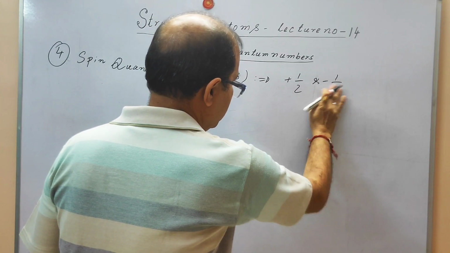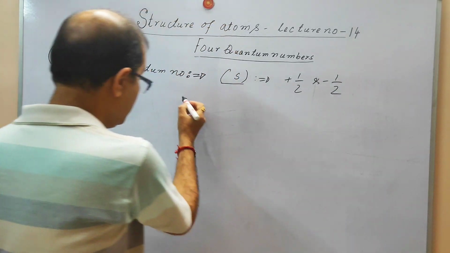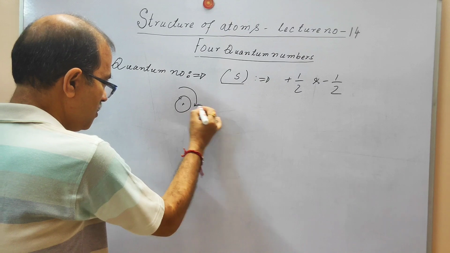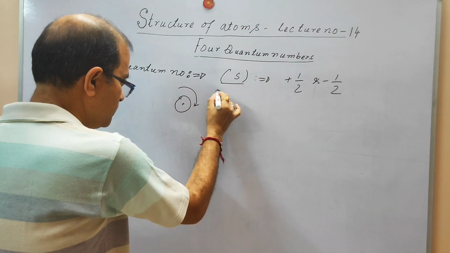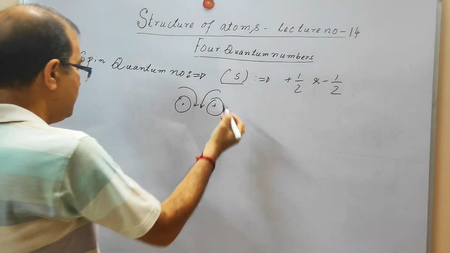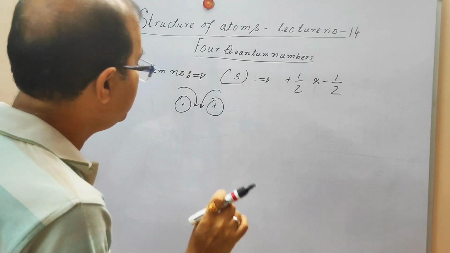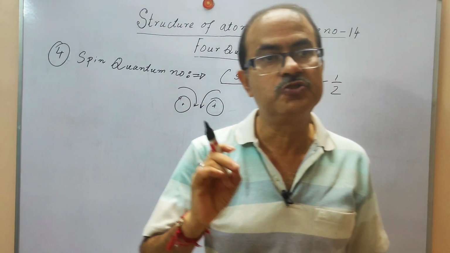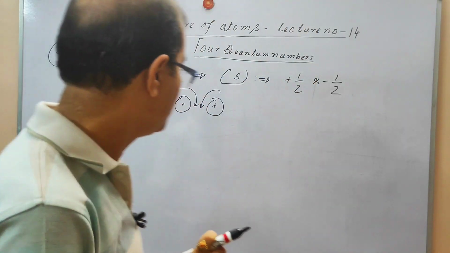So the electron can move in this direction, and it can also move in this direction. So this quantum number has the +1/2 and -1/2 values, and that gives us the intrinsic spin of the electron.